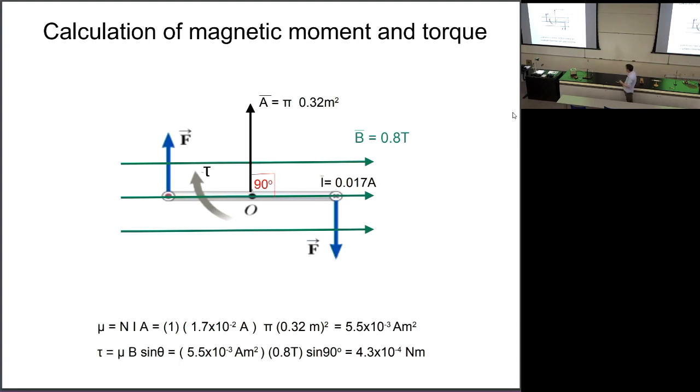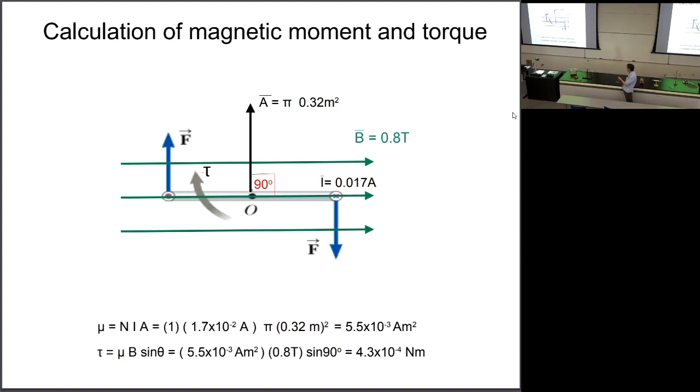Here I am doing it in two steps. You could do this in one step, but to me it's convenient to first figure out the magnetic moment and then figure out the torque. Magnetic moment, NIA. Number of turns was 1. Current was 17 milliamps, that's 0.017 amps.